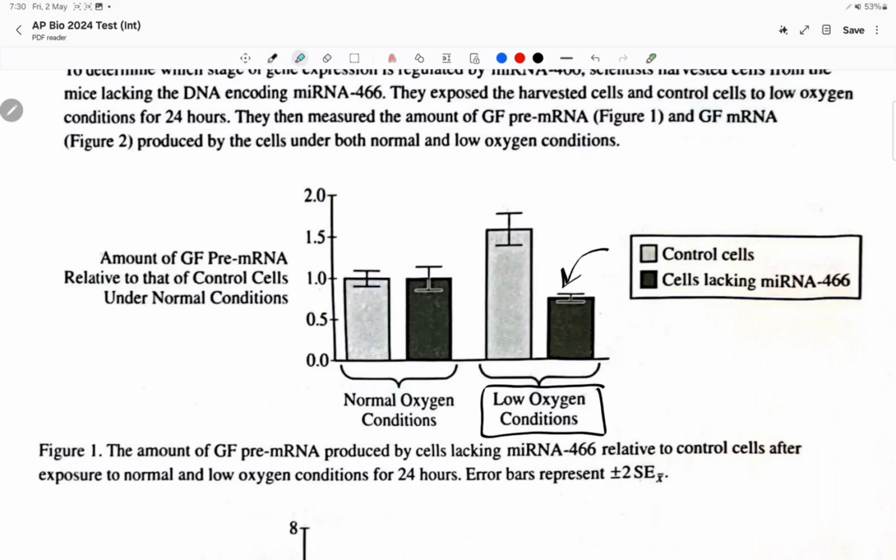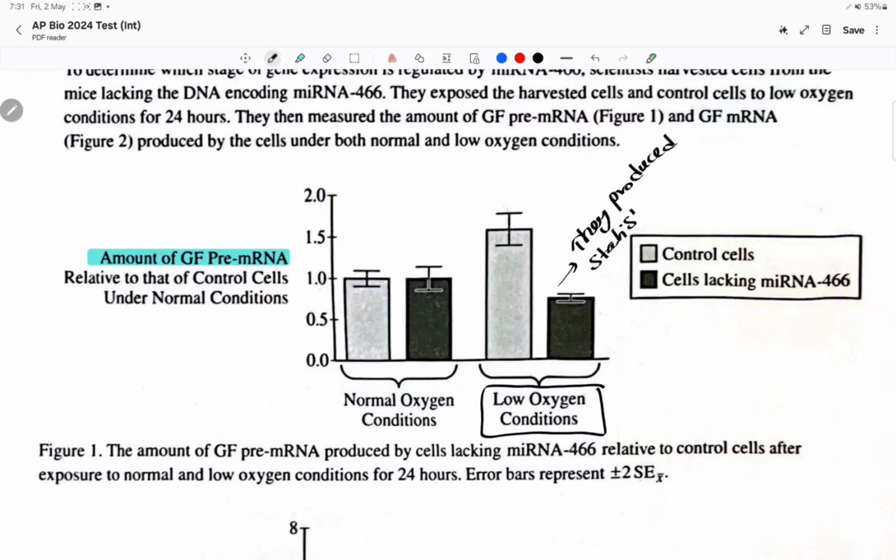The amount of the GF pre-mRNA: is it less than the control, or more, or the same? It's different. It's less, right? Yeah.